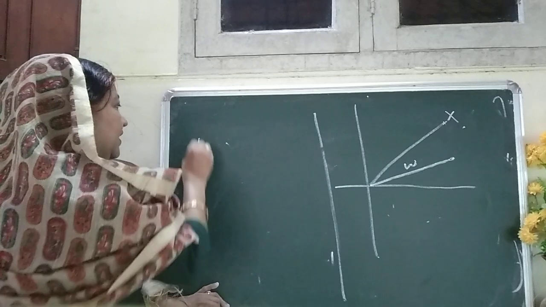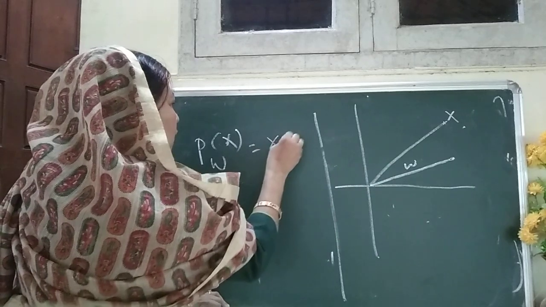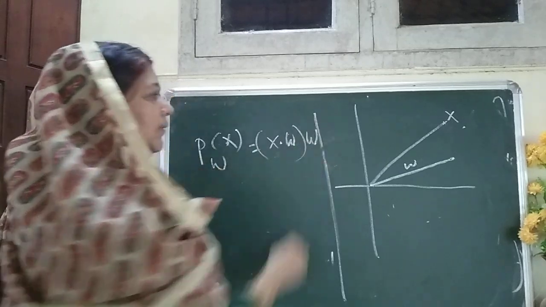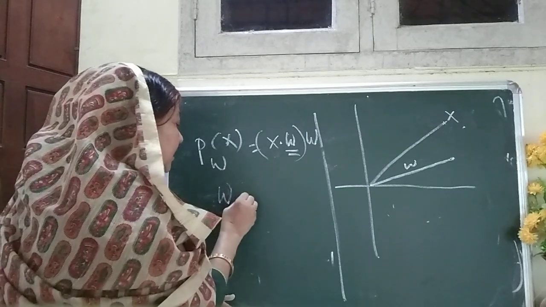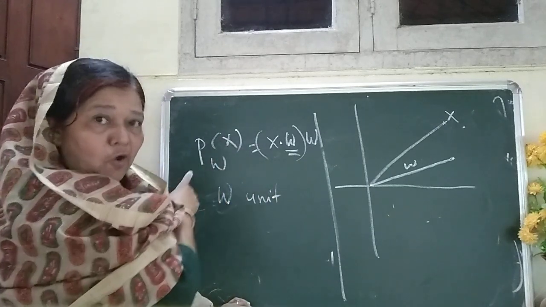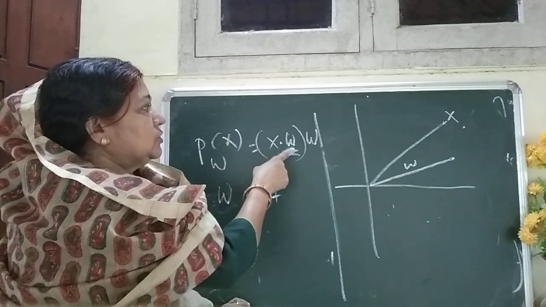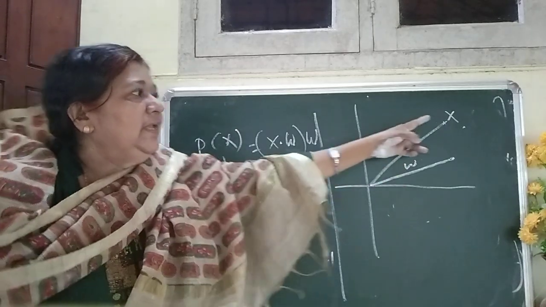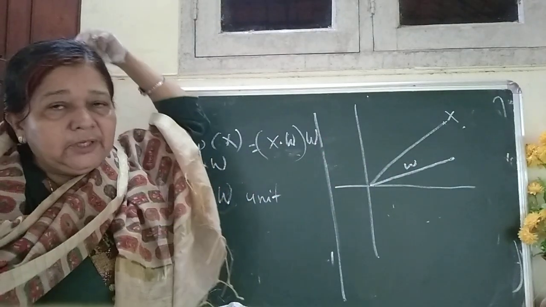Then the projection of x on w is defined as x dot w, which is a scalar, times the vector w, where w is the unit vector. Therefore, the projection of x along the unit vector w equals x dot w times w.